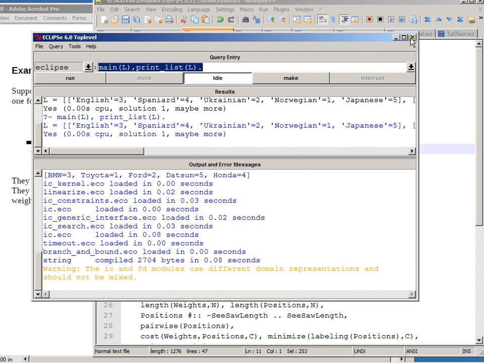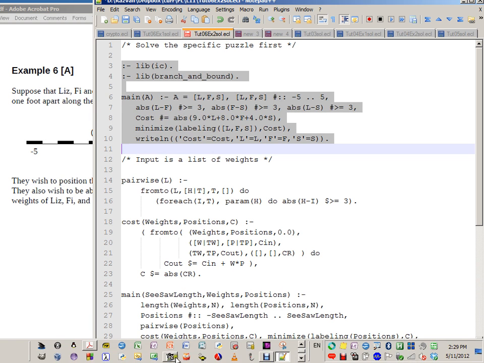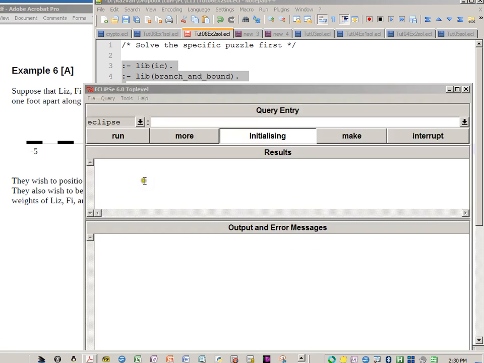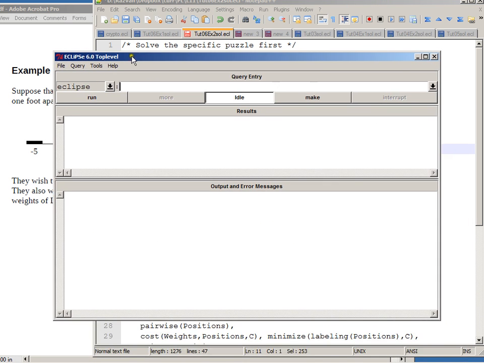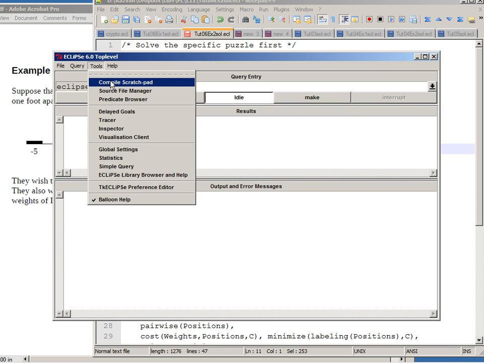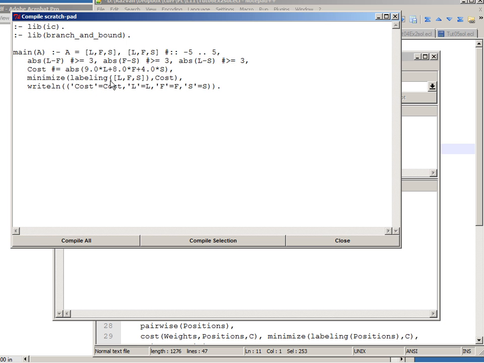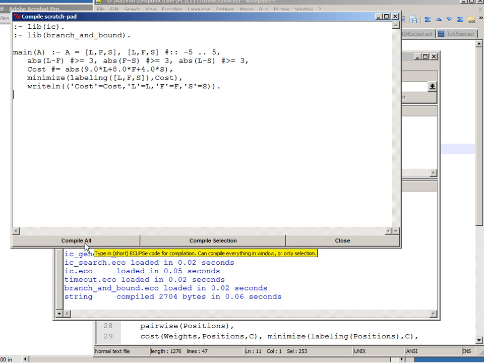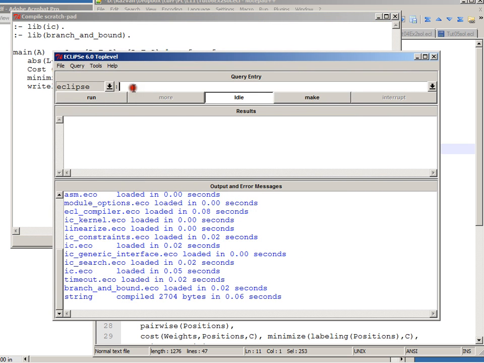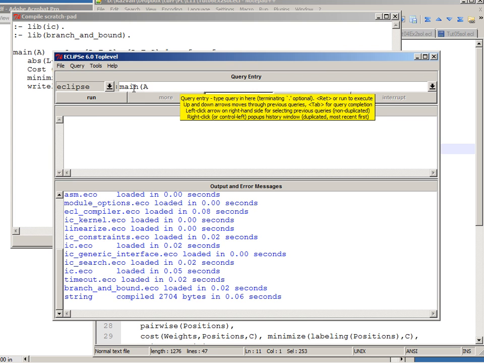Maybe we just restart. Some constraint solvers conflict with each other and they shouldn't be loaded simultaneously. All right, so we call main.